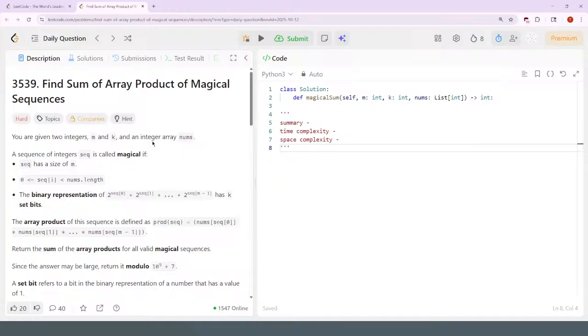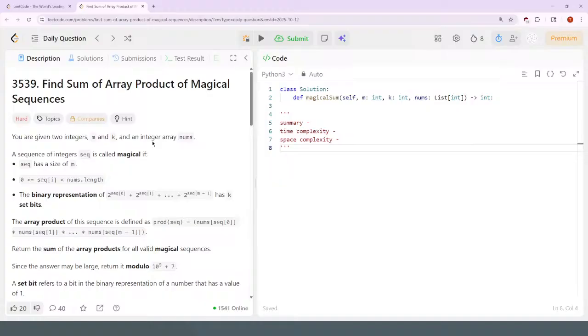Okay, so each value in the array is an index as well into that array, maybe. The binary representation of 2 to the power sequence of 0 plus 2 to the power sequence of 1 plus dot dot dot 2 to the power of sequence of m minus 1 has k set bits. Oh my god.